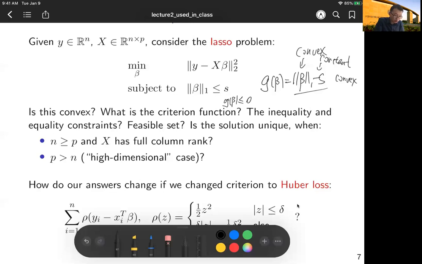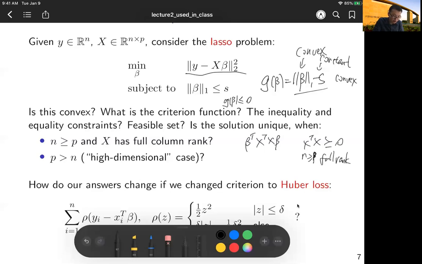Okay, to see this, notice that this is a quadratic function. From the previous calculation, we know that the leading term of this quadratic function looks like beta transpose X transpose X beta. First of all, we know X transpose X is always positive semi-definite by construction. But suppose n is larger than or equal to p, and X has full rank.